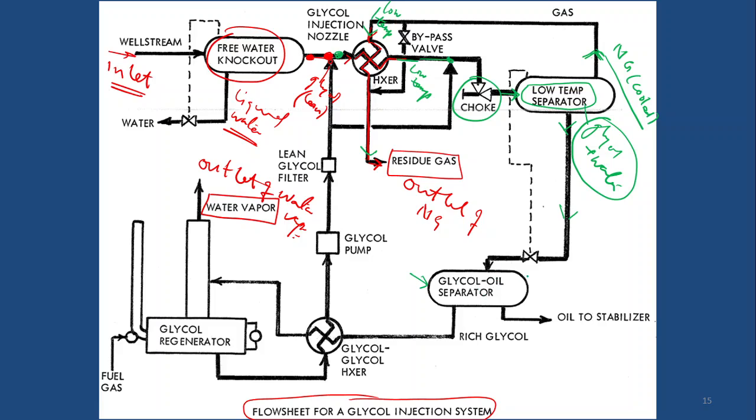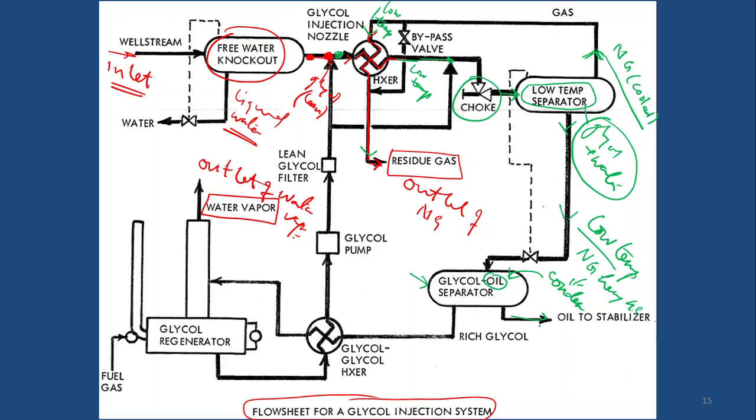Glycol oil means there are chances, because of the low temperature, that natural gas heavier hydrocarbons condense. So these condensed heavy hydrocarbons are available in the oil form. So we need to separate the glycol oil.